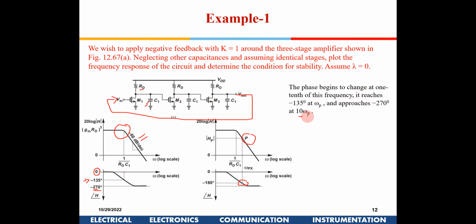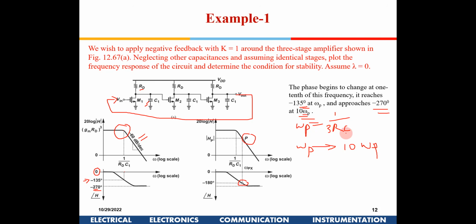So at omega equal to 1 by RC, in fact since it is 3 RC, okay, I have minus 135. Then after that, at 10 omega it will be 270. Somewhere in between omega and 10 omega p, okay, it will have 180 degree also.